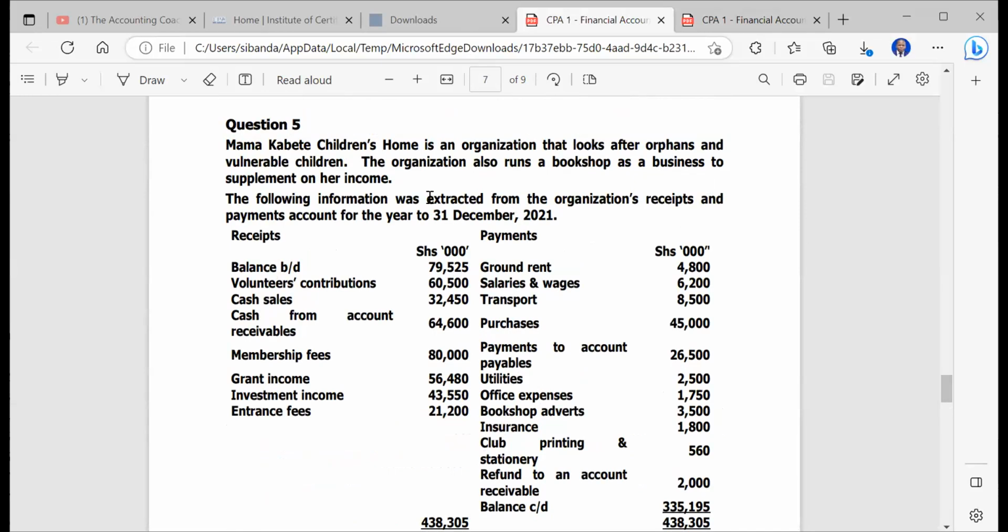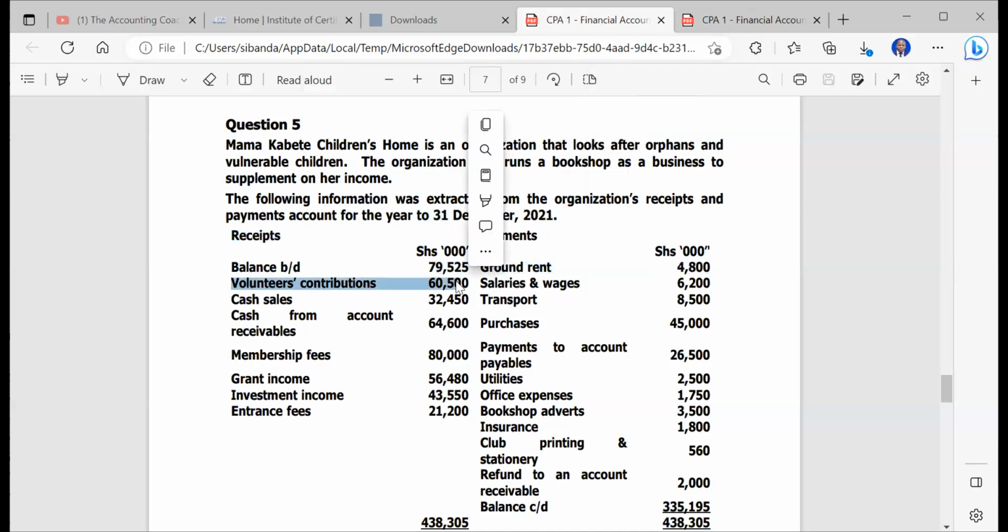So let's say the organization runs a bookshop to supplement its income. The following information was extracted from the organization's receipts and payments account for the year ended 31st December 2021. So we have receipts and then we have the payments. So like I said, members can contribute their volunteers contributions.